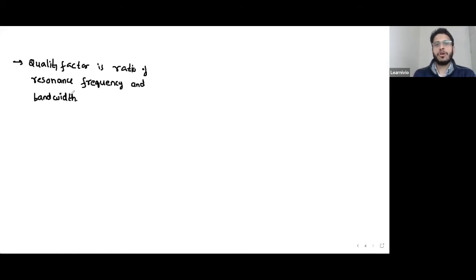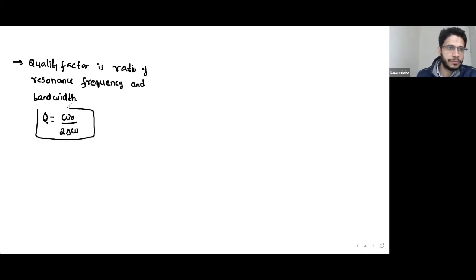So the ratio of resonance frequency and bandwidth is known as quality factor. We represent it by Q. Resonance frequency is omega naught. Bandwidth is twice of delta omega. This is quality factor.